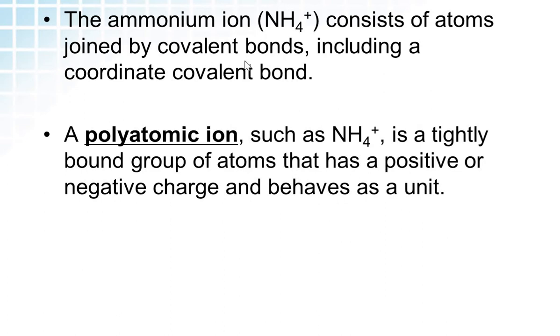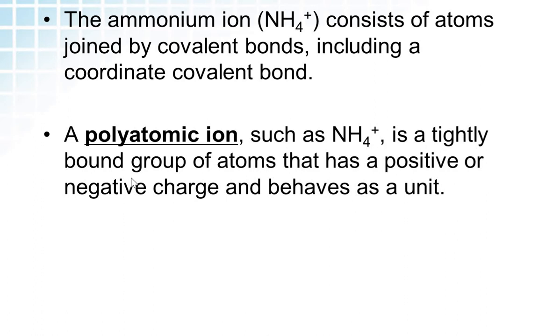We have another type of covalent bond in polyatomic ions. The ammonium ion is an example. It consists of one nitrogen atom and 4 hydrogen atoms. So how does that represent a coordinate covalent bond?